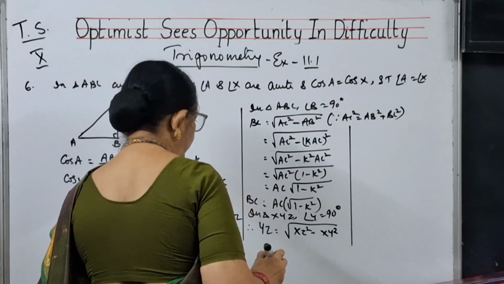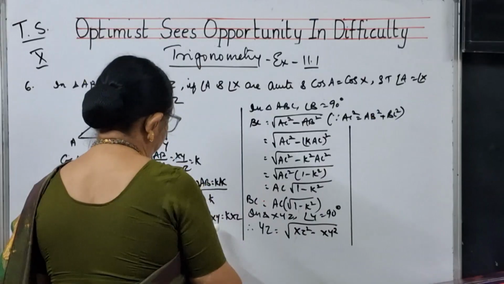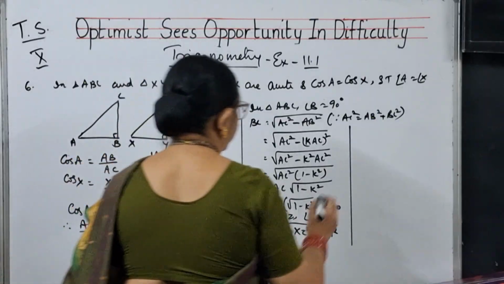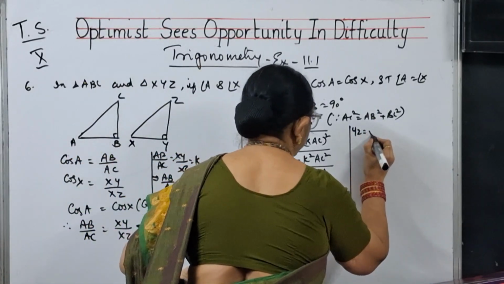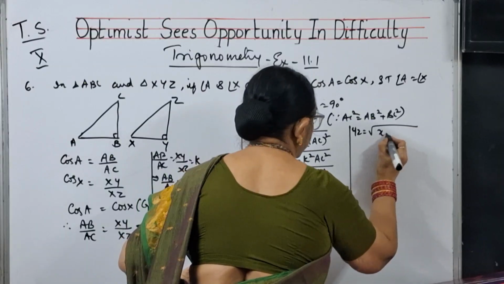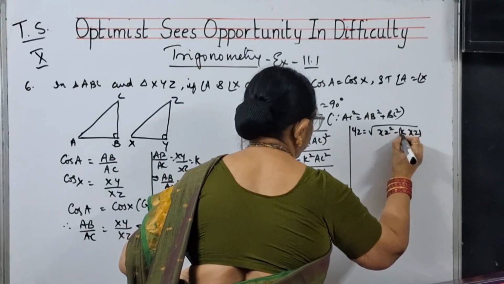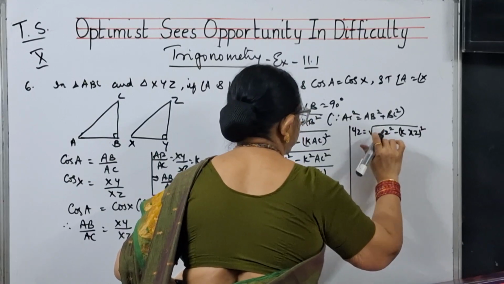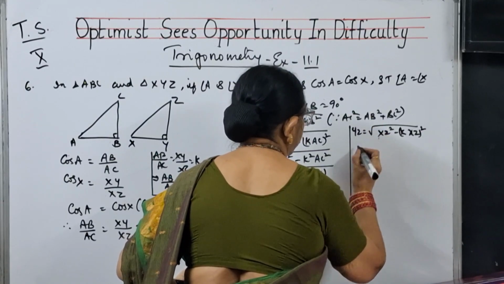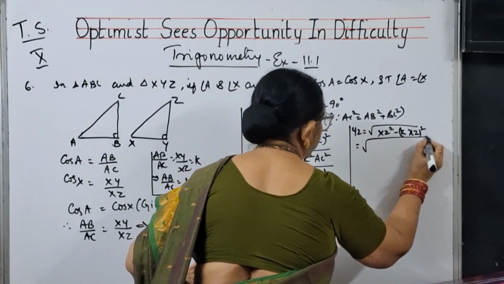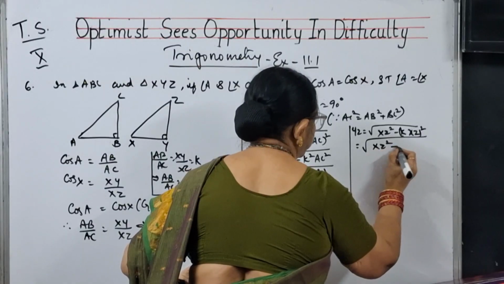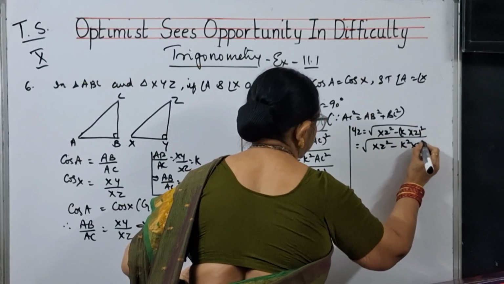So what is XY I have written? XY is K XZ. So YZ is equal to root of XZ square minus K XZ whole square. Okay, so this is nothing but root of XZ square minus K square XZ square.